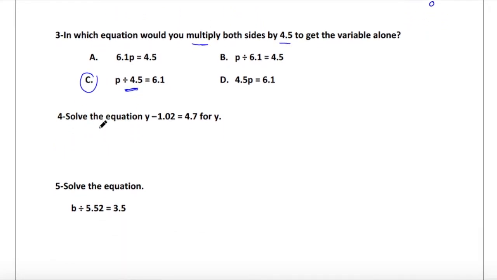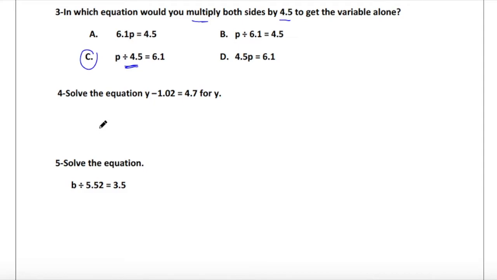Number 4, solve the equation y minus 1.02 equals 4.7 for y. Now, as we said, we are using the inverse operations to solve equations. We have y minus 1.02 equals 4.7.